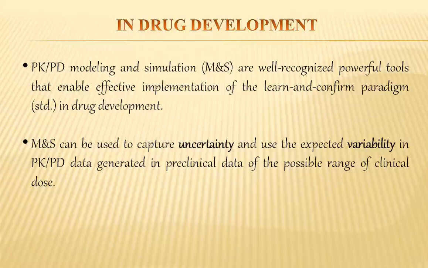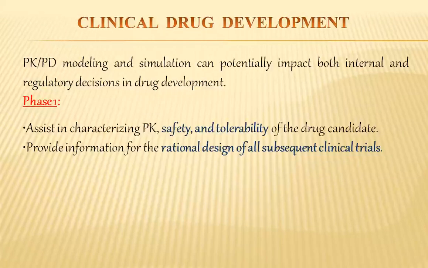The modeling and simulation can be used to capture uncertainty and use the expected variability in pharmacokinetic and dynamic data generated in preclinical data of possible range of clinical dose.